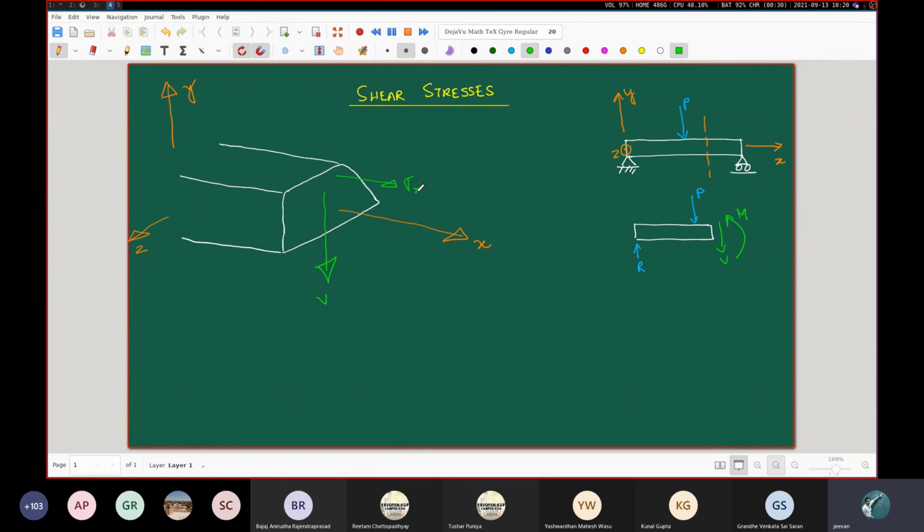This is our sigma xx, and our sigma xy or tau xy, because in your textbook it is written as tau xy, I'll continue to write tau xy, but it doesn't make any difference. So our tau xy will look like this.